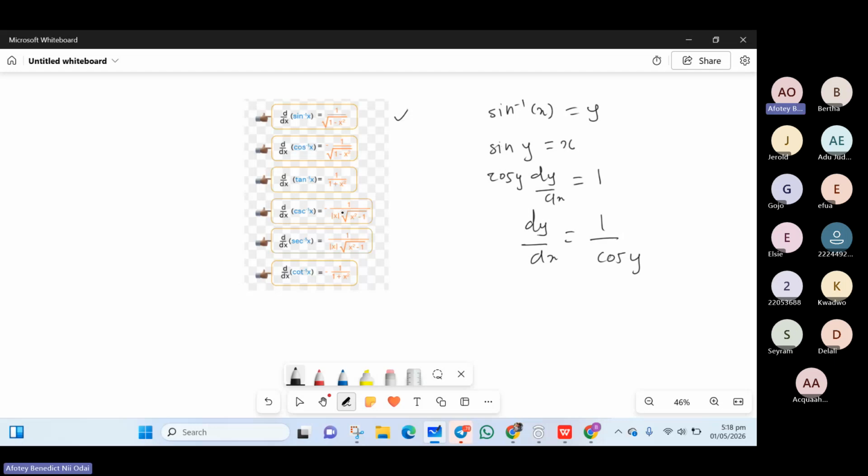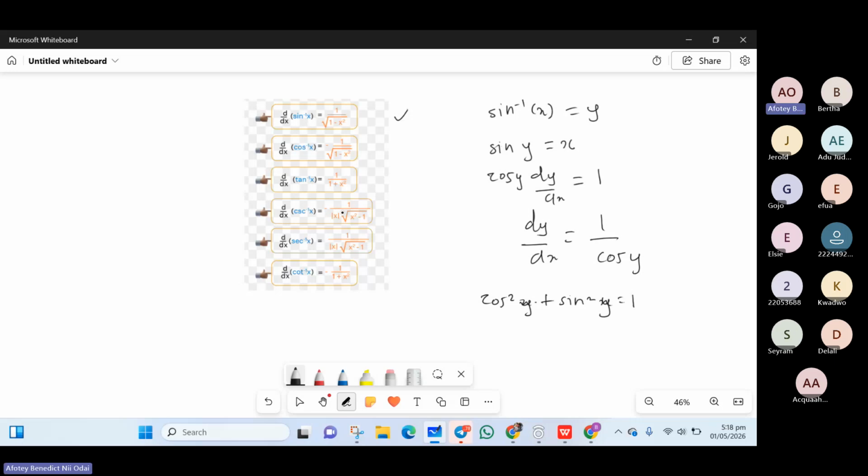We use the formula cos squared x plus sine squared x is equal to 1. So in this case, with respect to x, we just change our x to y, and we get this equation.